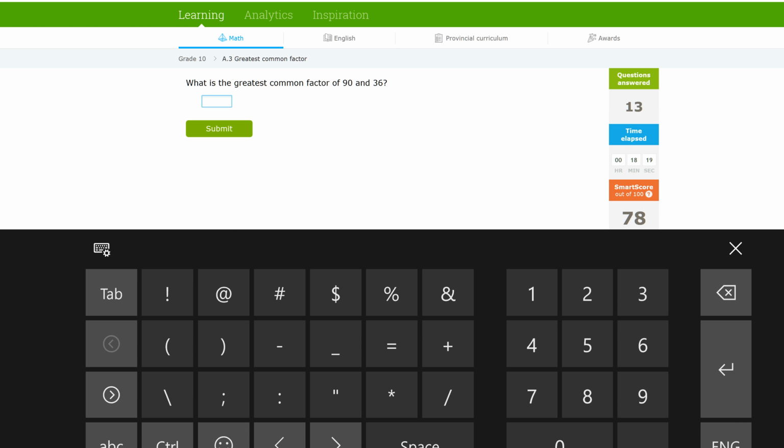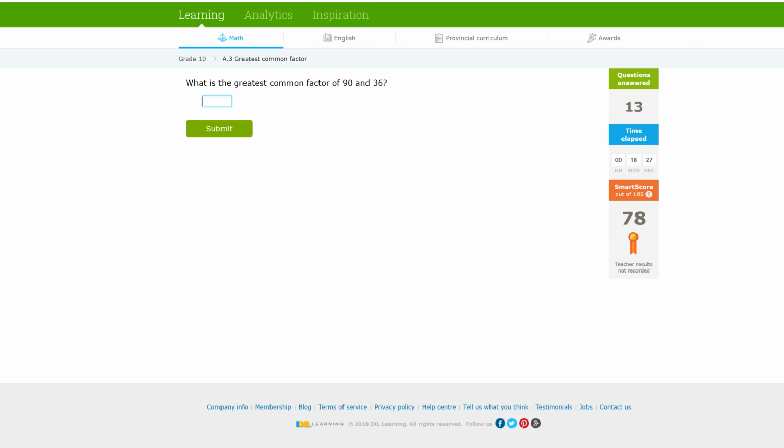Greatest common factor of 90 and 36. I don't think 9. Is it 10? No. 90 and 36, sorry. Let me write it down. Let's break it down. 36 is 6 times 6.